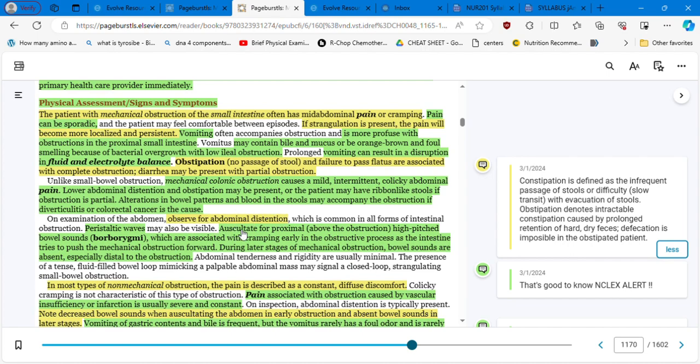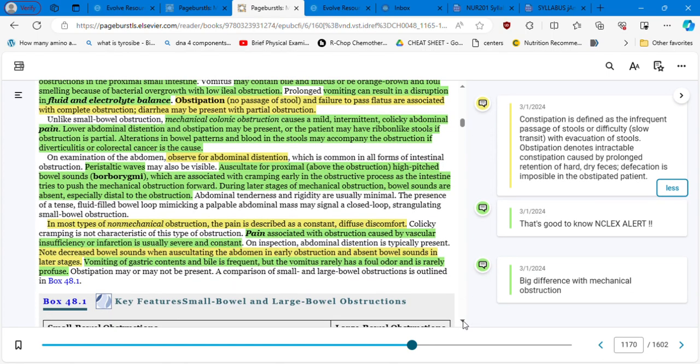Now, observe for abdominal distension. Peristaltic waves may be visible. Auscultate proximal, above the obstruction. Now here comes another concept that you need to be clear on. Many students get confused with this, so I'm going to review this concept. Auscultate the proximal area above the obstruction: high-pitched bowel sounds, borborygmi, that's the name. High pitch is borborygmi, right?